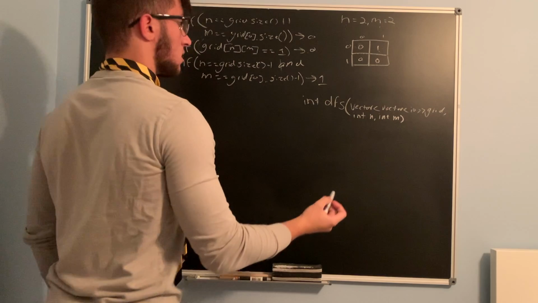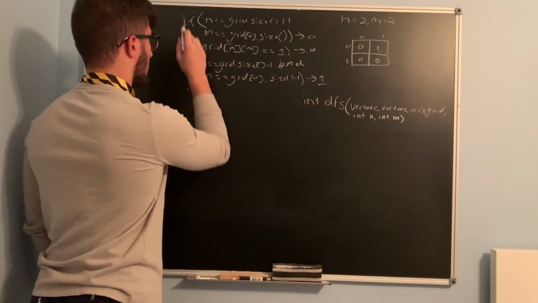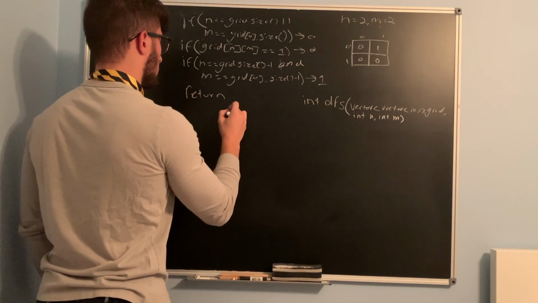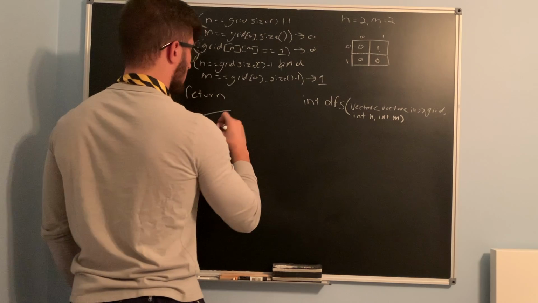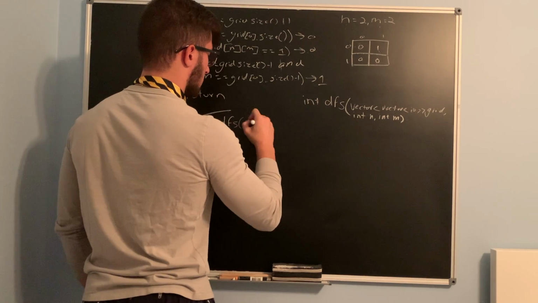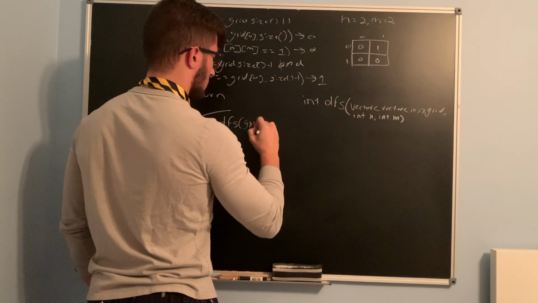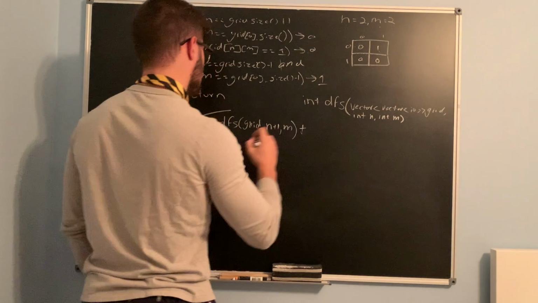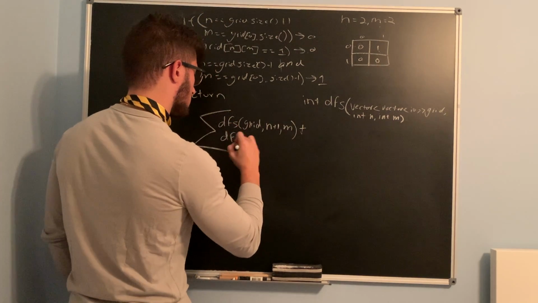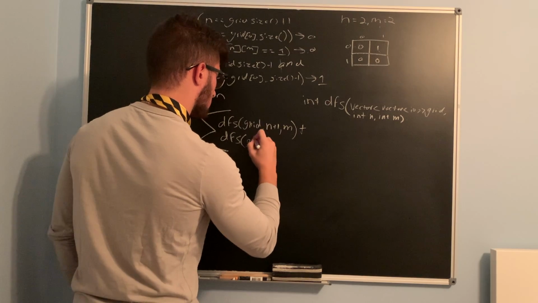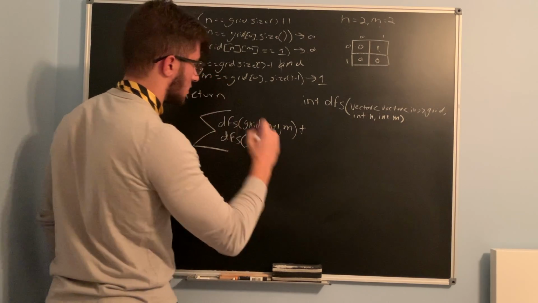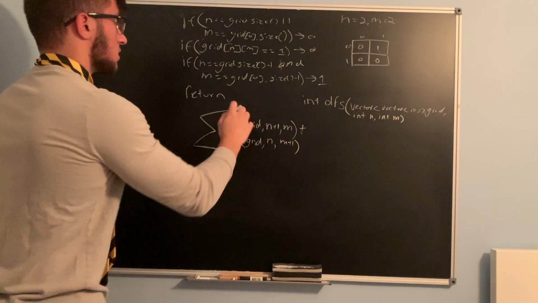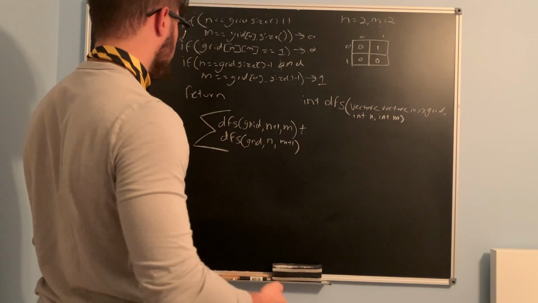If our function is declared like that, after all these base cases, we just return the sum of DFS, given the grid, n plus 1 and m, plus the DFS of the grid, of course, because the grid stays constant the entire time, of n and m plus 1, changing the incrementations to traverse the grid.